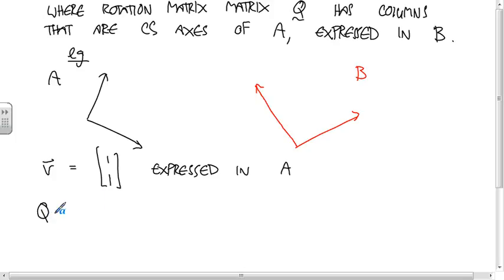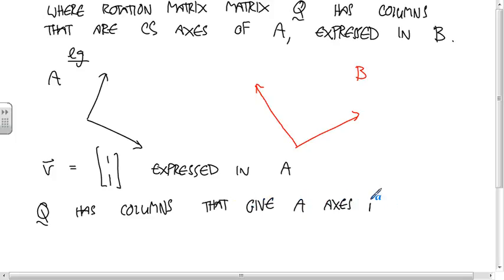So Q has columns that give the A axes in the B coordinate system.